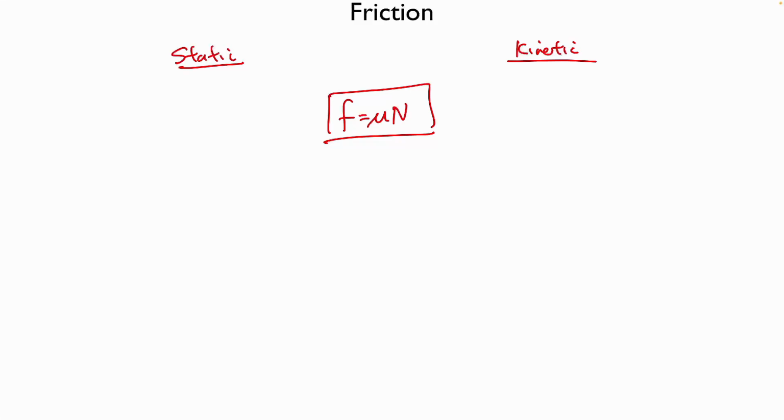If the player is sliding forwards, which way is kinetic friction pointed? Backwards. Kinetic friction always opposes the direction of motion. Okay? What kind of friction exists between the tires of your car and the road as you're driving along?